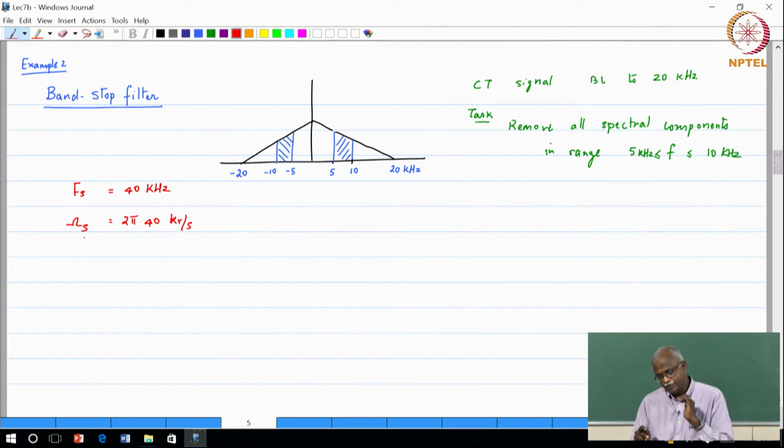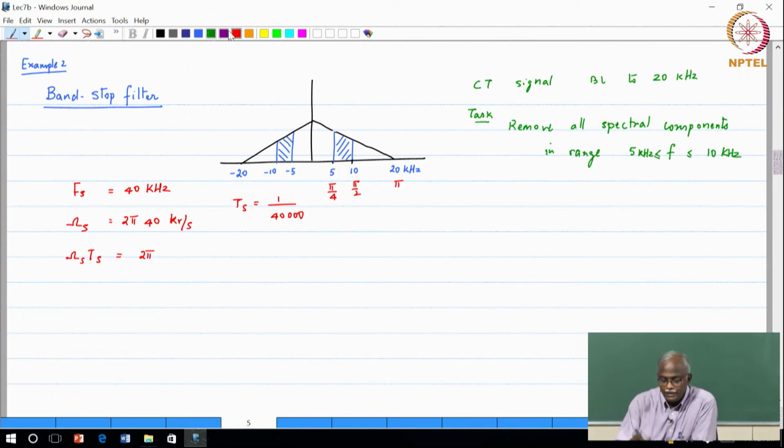Sampling frequency is 40 kilohertz, the corresponding sampling frequency in radians per second is 2 pi times 40 kiloradians per second. So, the sampling period is 1 over 40,000. If I convert omega s times Ts, that will map to 2 pi. So, 40 kilohertz is 2 pi, 20 kilohertz would be pi, 10 kilohertz would be pi by 2, and 5 kilohertz would be pi by 4.